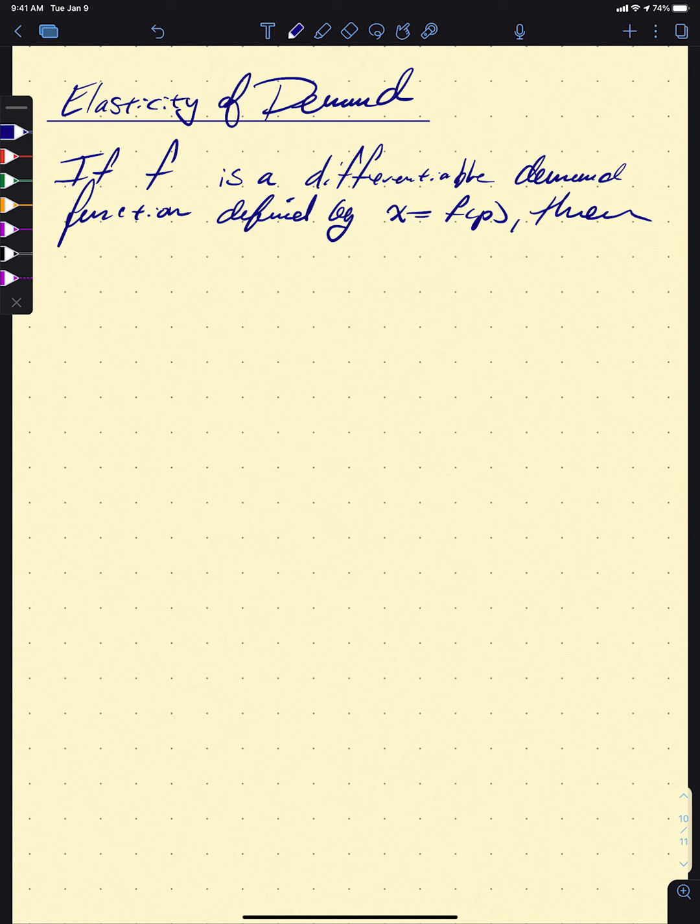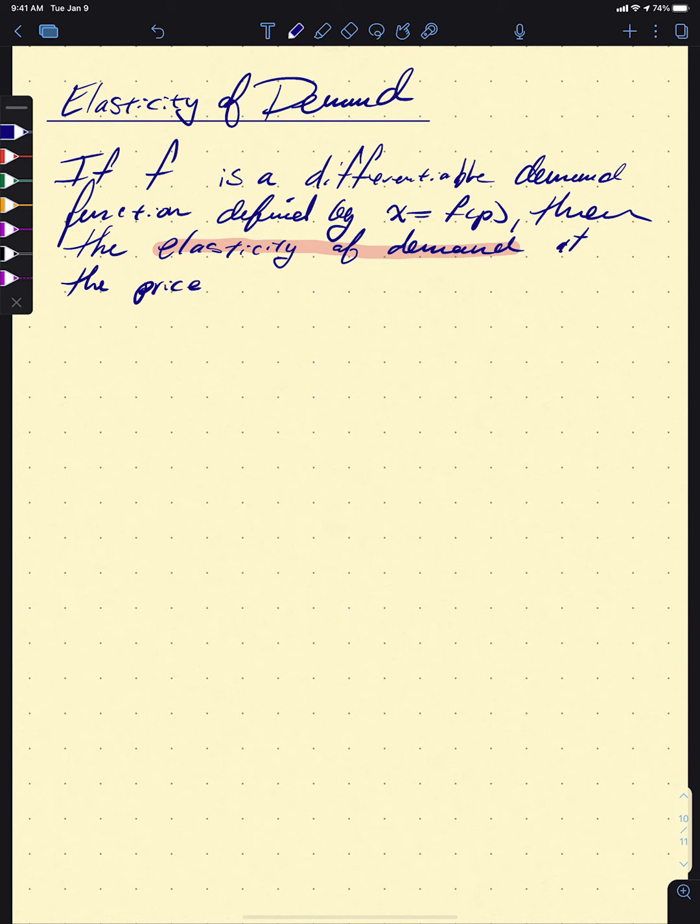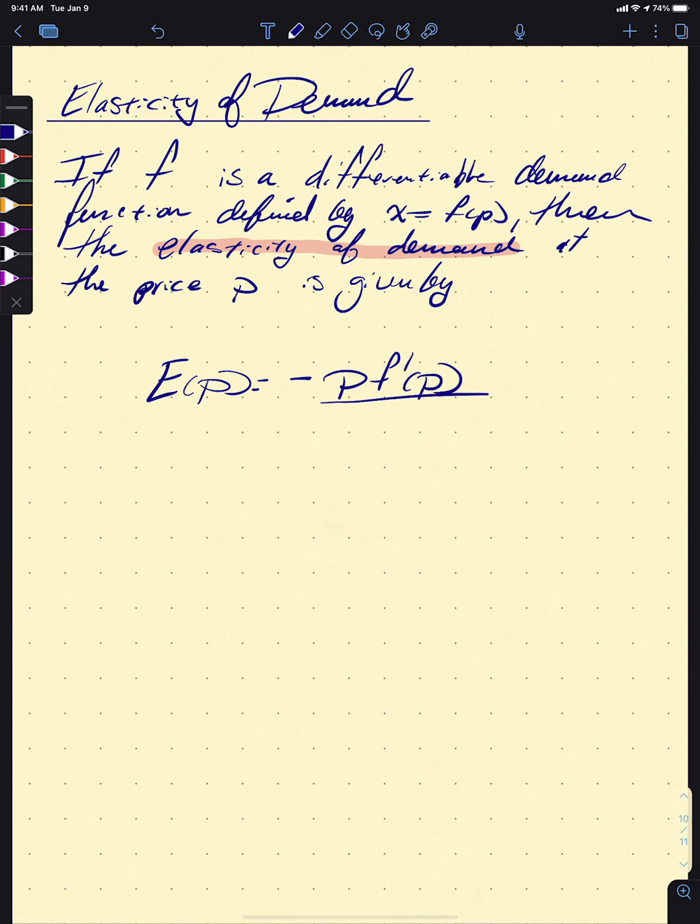Then the elasticity of demand. So we're measuring something about our demand equation at the price p, and it is given by E of p, the negative of p times f prime of p, divided by f of p.